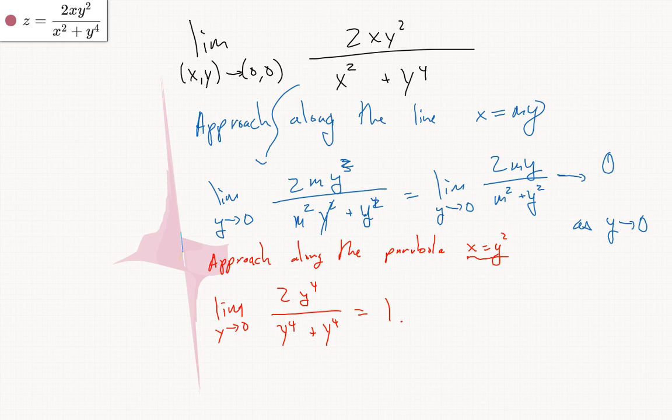So this reveals something that's surprising. In ordinary calculus, we know we can check for a limit just by checking the left-hand limit and the right-hand limit.